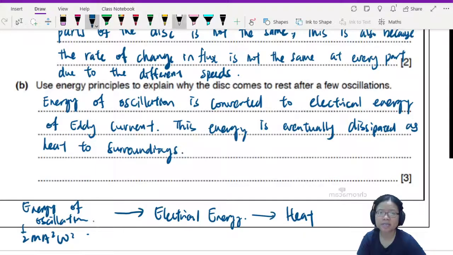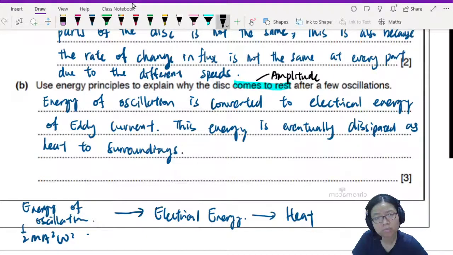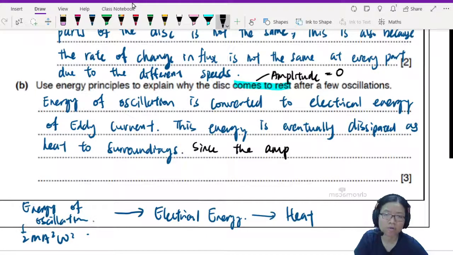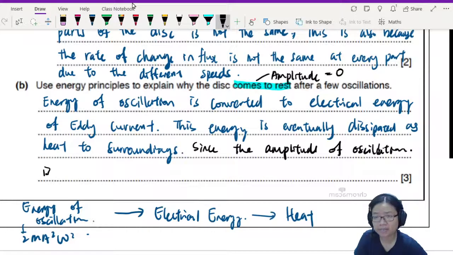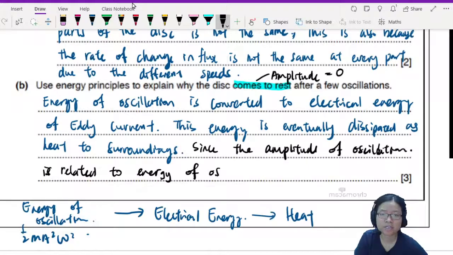Where do you think the third point is? It says here that we are talking about it coming to rest. So if it comes to rest, it means that the amplitude of the oscillation will be 0. So then what I can say is, since the amplitude of oscillation is related to the energy of oscillation, you want to flex a bit, you can write the equation, but I'm not going to.